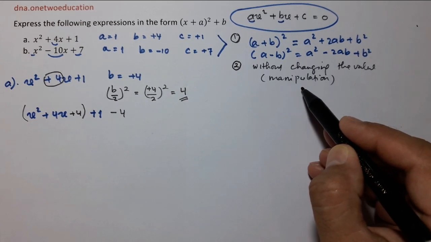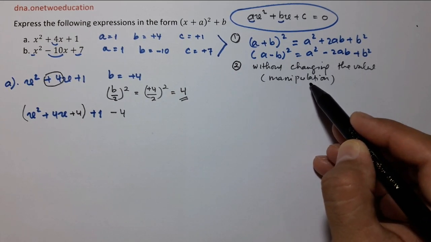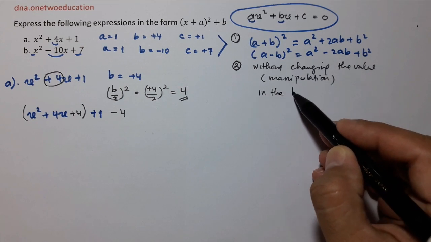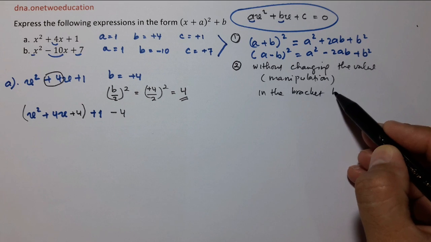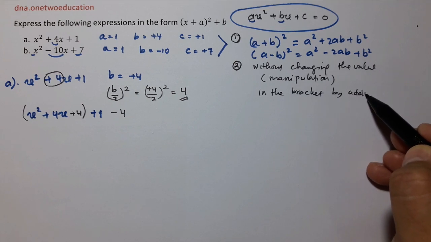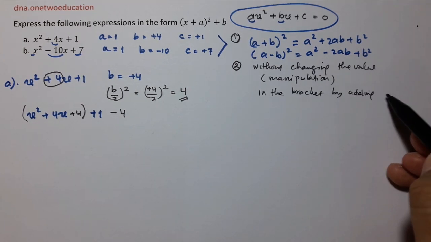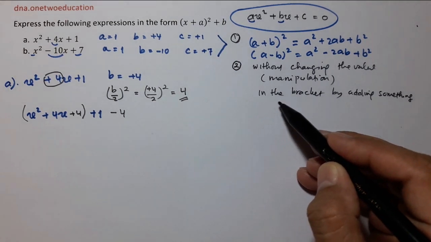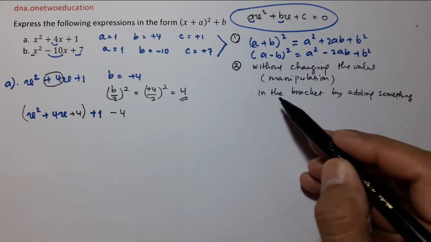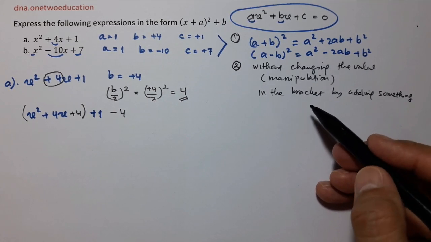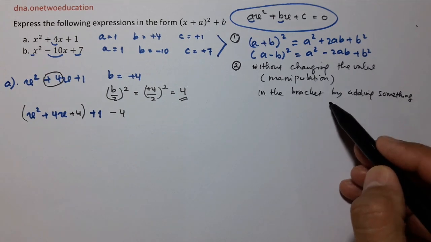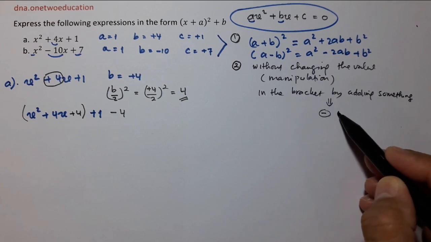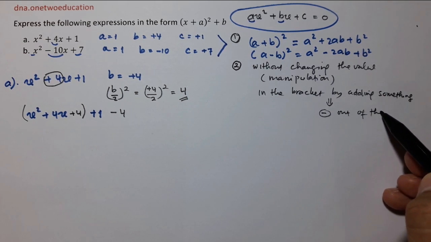So to manipulate the quadratic expression without changing the value, when you add something in the bracket, of course you have to put the negative of it out of the bracket.